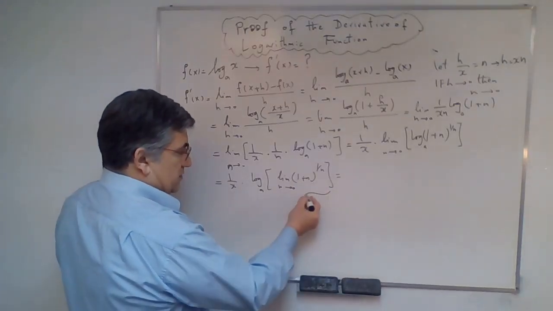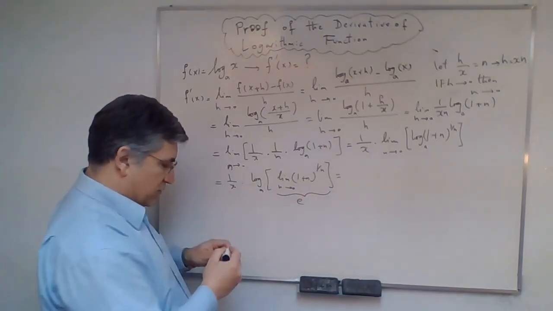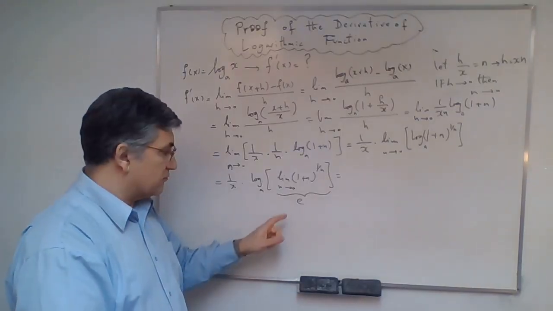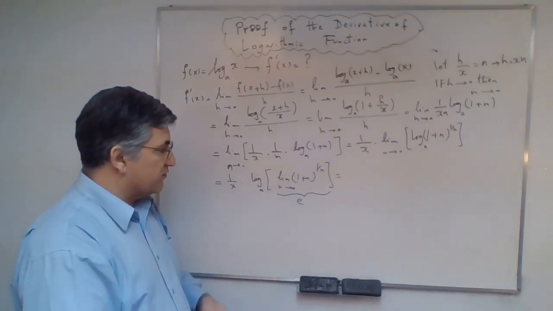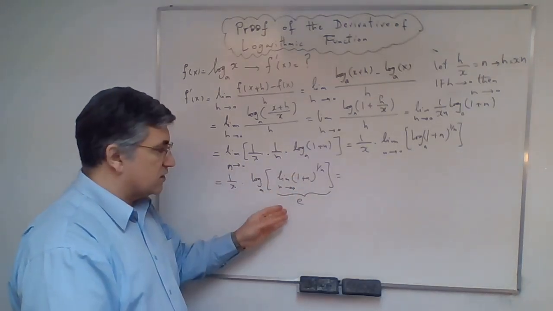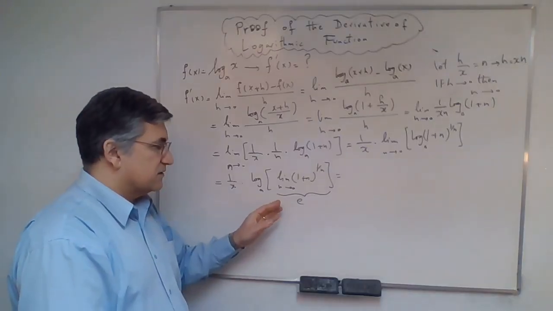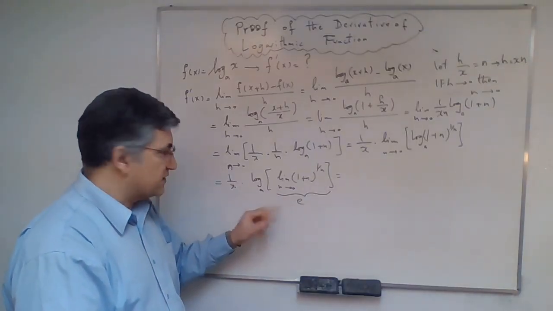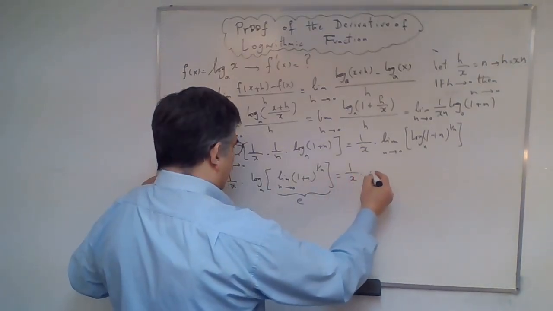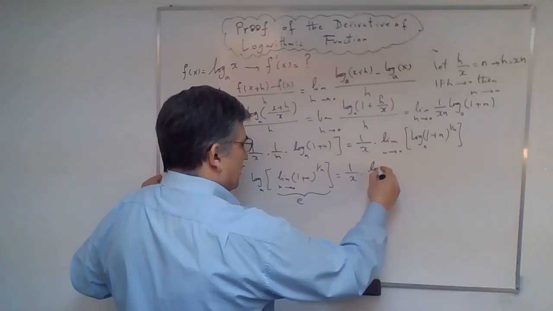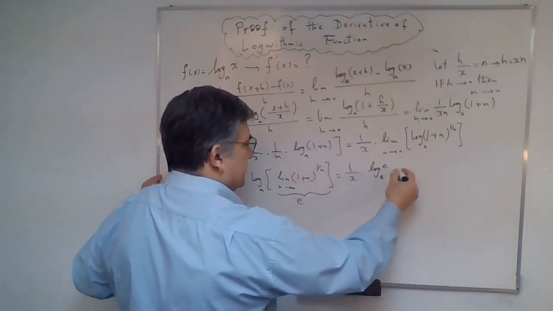This limit, you might recall that it was the irrational number e. Limit of 1 plus n to the exponent of 1 over n when n approaches 0 is equal to e. We have learned about this in the past. So now we have 1 over x times log of e base a.